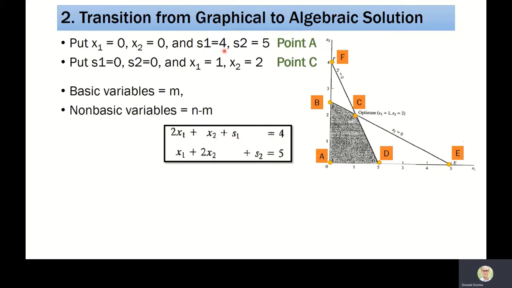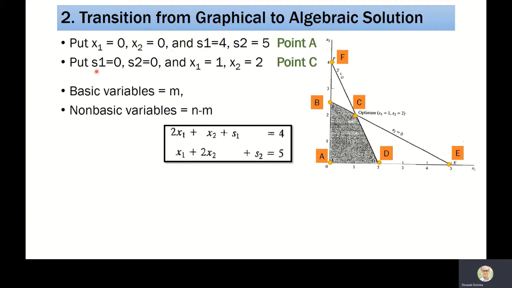So it is represented here. Similarly, when x1 and x2 are 0, s2 will become 5. So as per the graph on the right hand side, x1 and x2 equal to 0 is the origin, which corresponds to the point A as mentioned here.